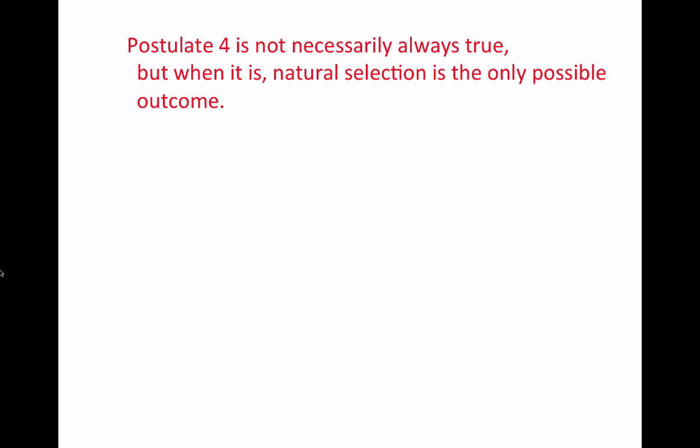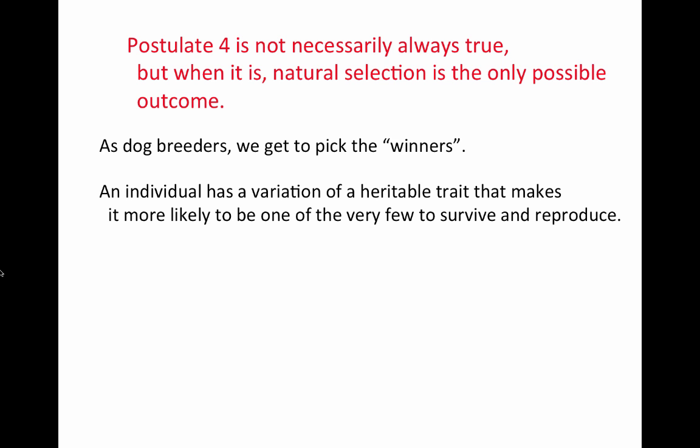So let's take a look at this logical argument in a little bit more detail. So first, who picks the winners? Well, in artificial selection, the breeders pick the winners. We get to decide which ones are the lucky lottery winners that are going to pass on their traits to the next generation. In natural selection, it's the environment that does that selecting.